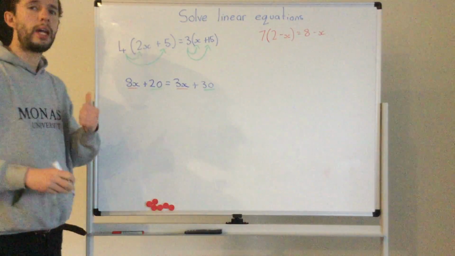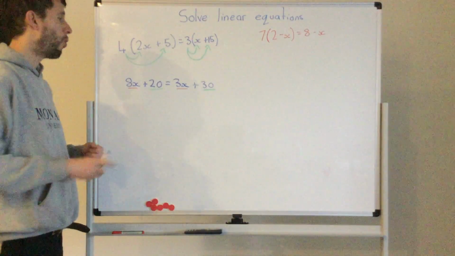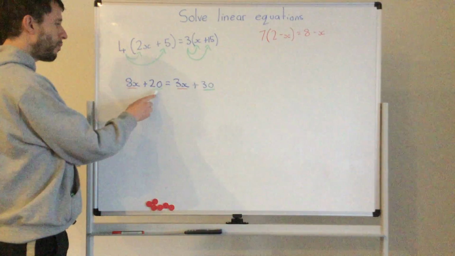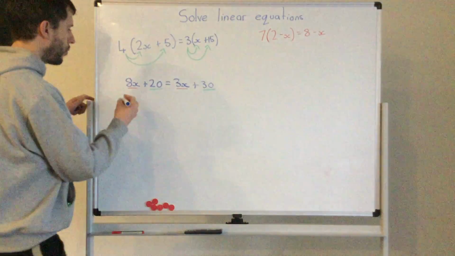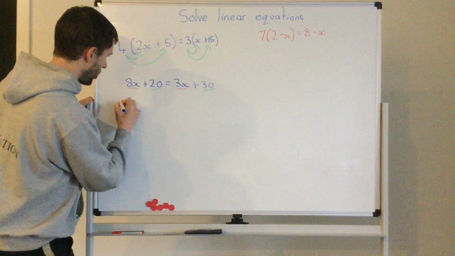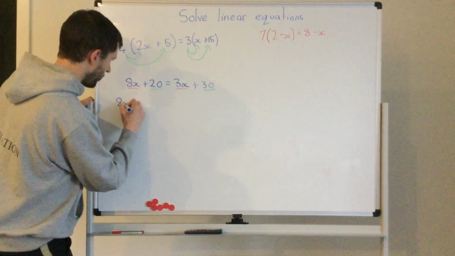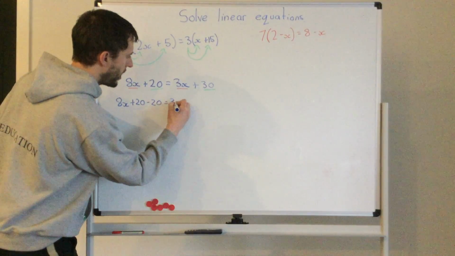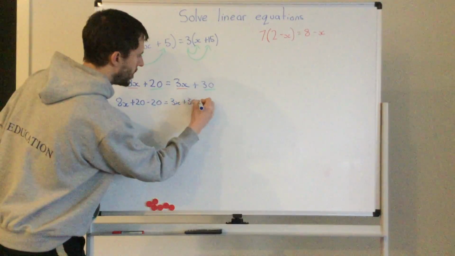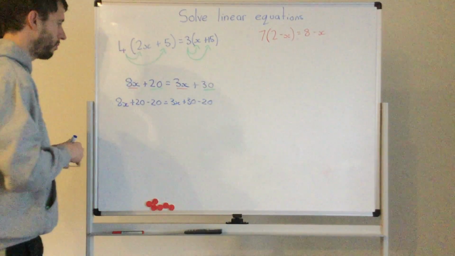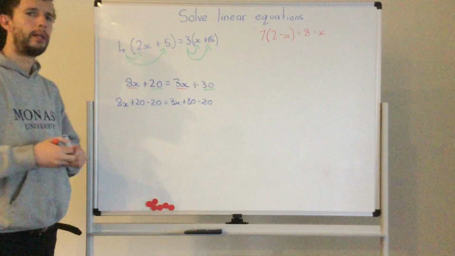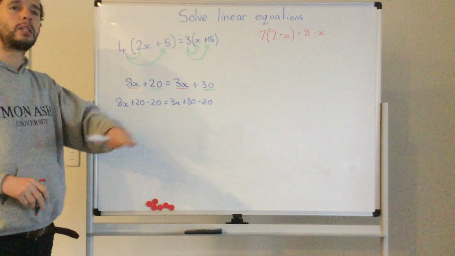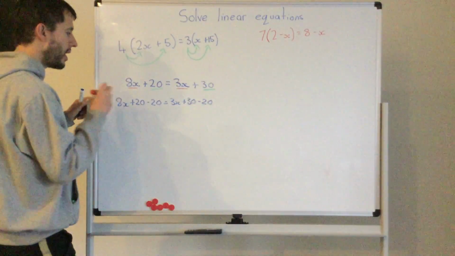Just think about the equal sign as a balancing beam. Whatever I do to one side, I must do to the other. So to get rid of this, I'm going to take 20. So I'm going to go 8x plus 20, take 20, equals 3x plus 30, take 20. So I've done exactly the same on both sides, which means it's going to stay equal.